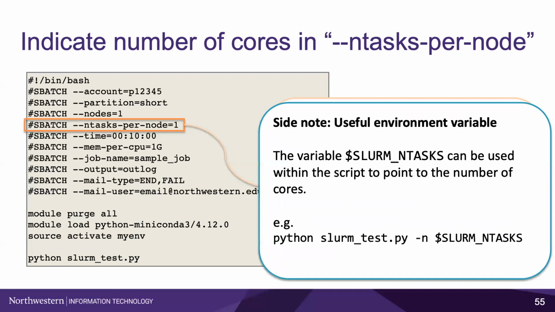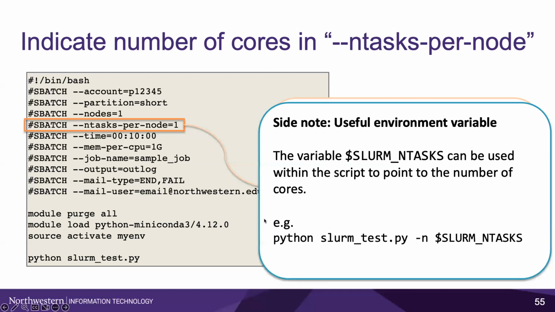A quick side note here in relation to ntasks per node is that Slurm actually has a very useful built-in environment variable that you can use. The variable name is SLURM_NTASKS. And this is automatically set to the number of cores that are allocated to this specific job.